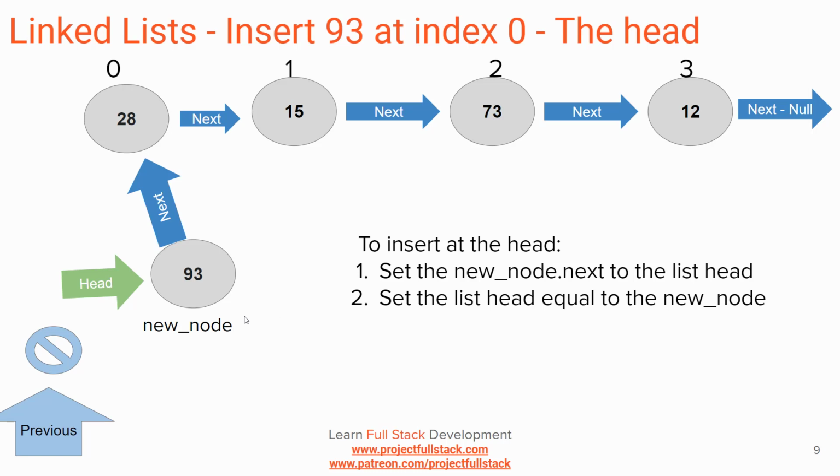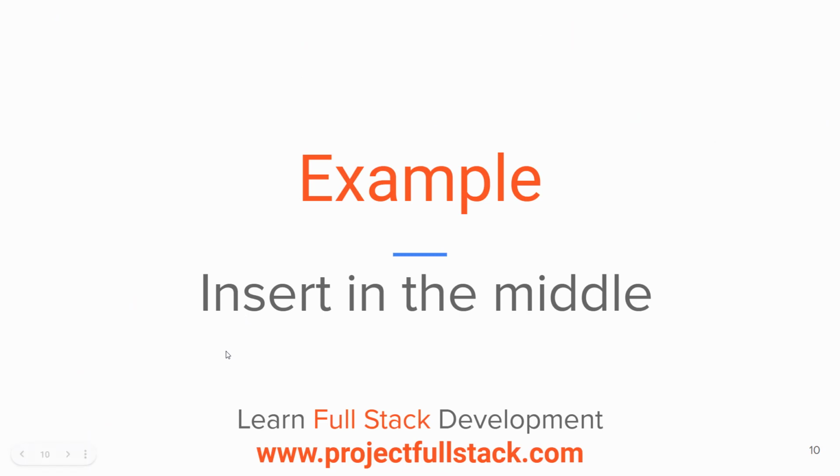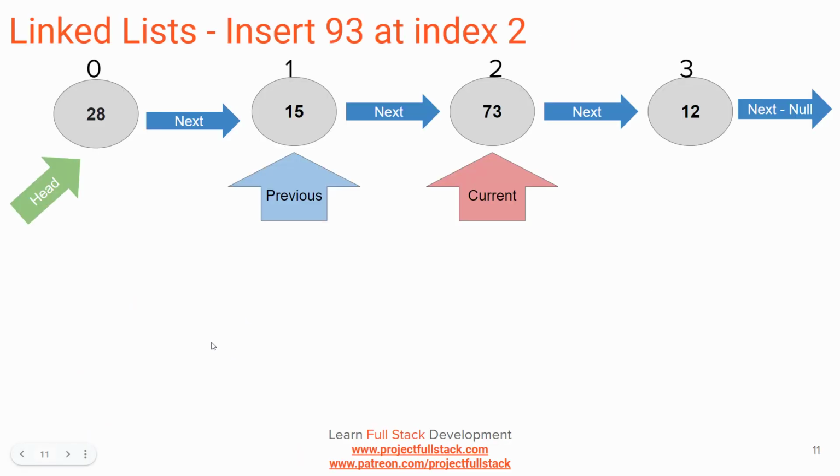Now, the other example, I'm inserting somewhere else, somewhere in the middle. So this is what it looks like. I'm going to insert now 93. I want to insert it at index 2, so I want it to go right here in my list. Well, I'm going to iterate over my list, keeping track of my current index, my previous pointer and my current pointer, and eventually I get to a point where I visited as many nodes as I need, right?